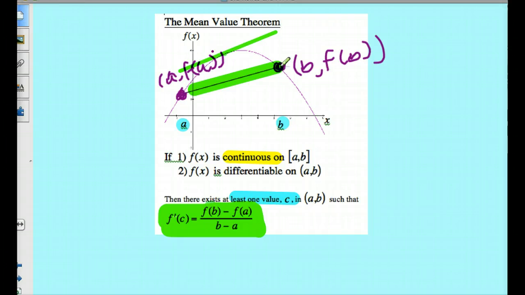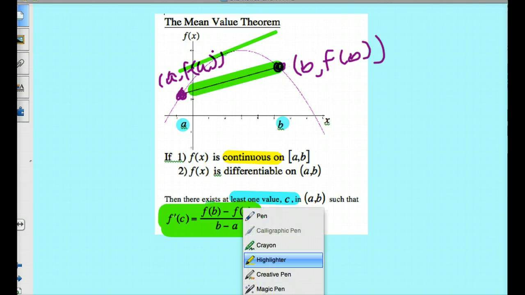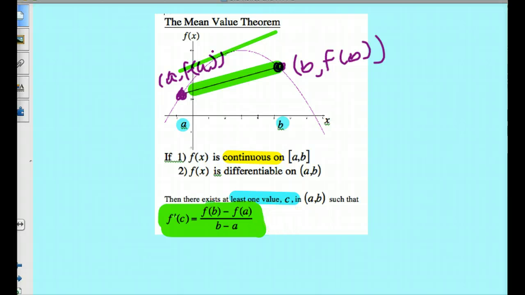And if I draw it at the right exact point, I will find that point C. And so what you're going to get is a point right here that's in between A and B that has that same slope. So that's the goal that we're looking for.